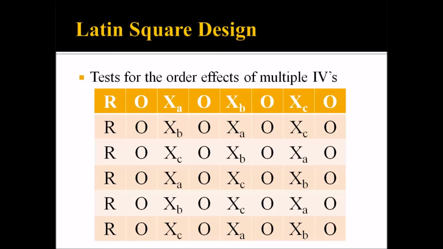And in this group, the acetaminophen comes first, then the Motrin, and then the aspirin, and so on and so forth. So you can see with 3 independent variables, it expands to 6 different groups you would need. So this design is not practical for that many applications. Only when you have some reason to believe that the order of the treatments is important.